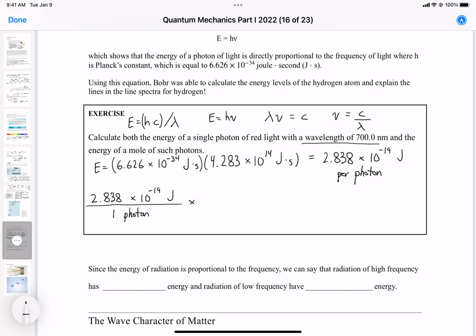Now we know that just like for amount of atoms, 1 mole of photons is equal to 6.022 times 10 to the 23rd photons.